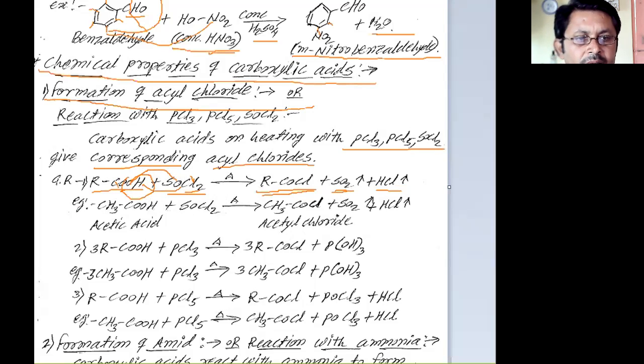See here one example, so that you are clear how acyl chlorides are prepared. For example, acetic acid. When acetic acid is treated with SOCl2, that is thionyl chloride, we get acetyl chloride.